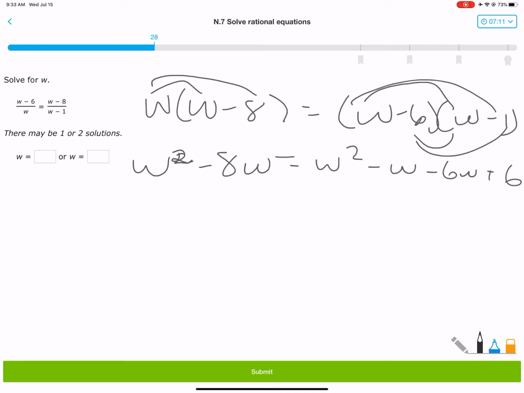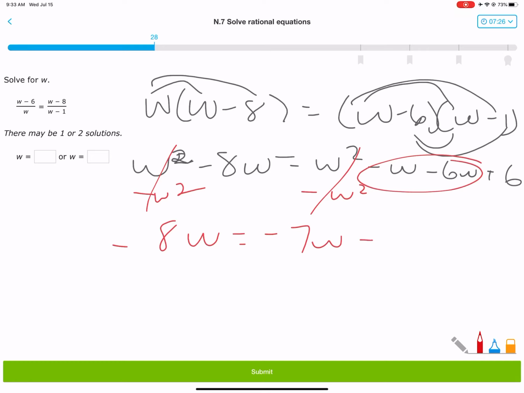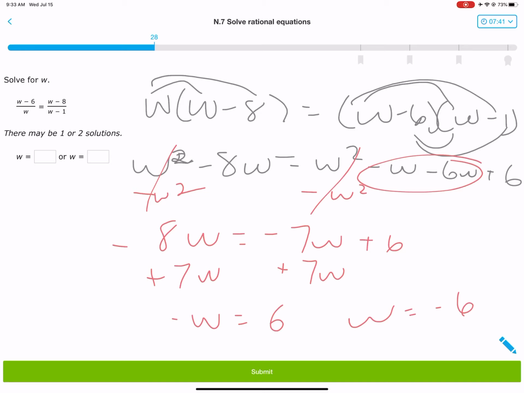Okay, and combine our like terms, subtract w squared. Negative 8w equals negative 7w plus 6. Add 7w on both sides. Negative w equals 6. So w equals negative 6.